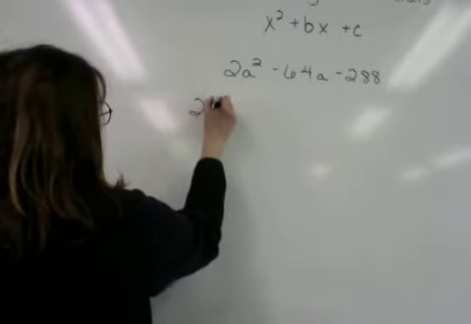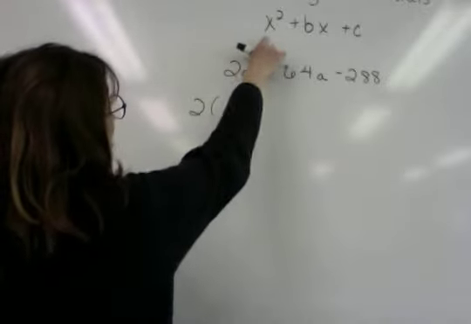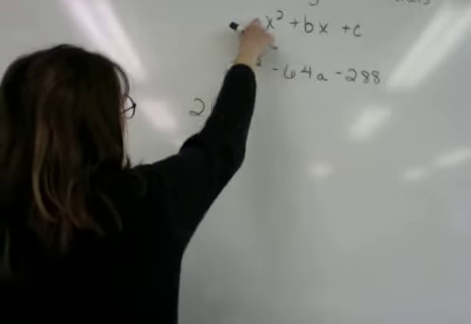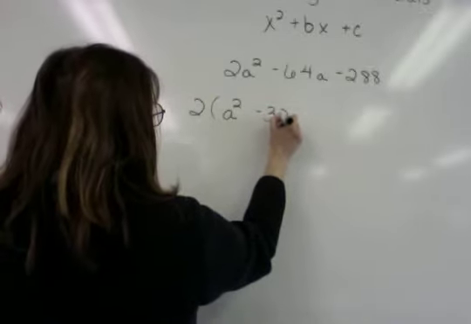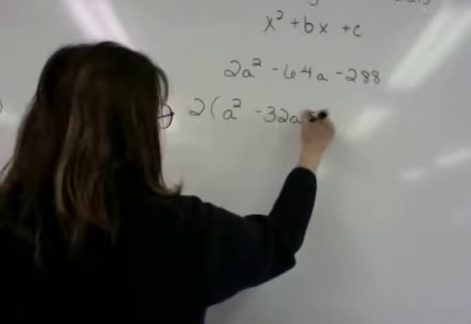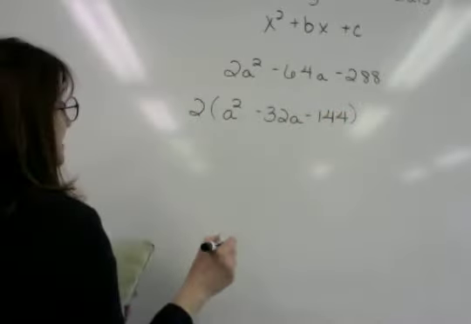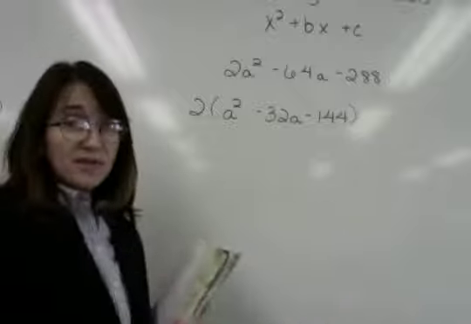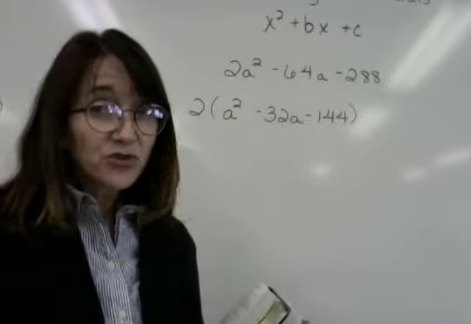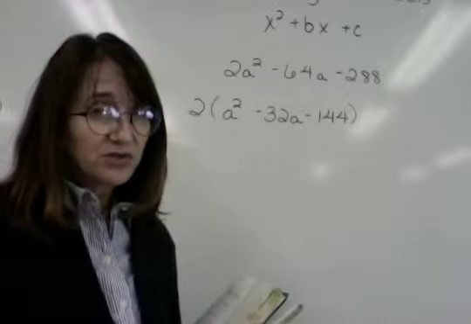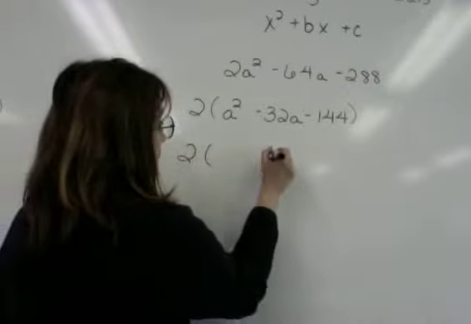And when I take the 2 out of it, I am left with a squared. Now I've got the same setup. There's nothing right here. That's going to end up becoming 32a. And then this one's going to come up as a negative 144. Then, after I get out the common monomial, and after this one's all by itself, because that's all you're dealing with in 10.1 and 10.2, I'm going to say, okay, I'm going to figure out my first 2 factors.